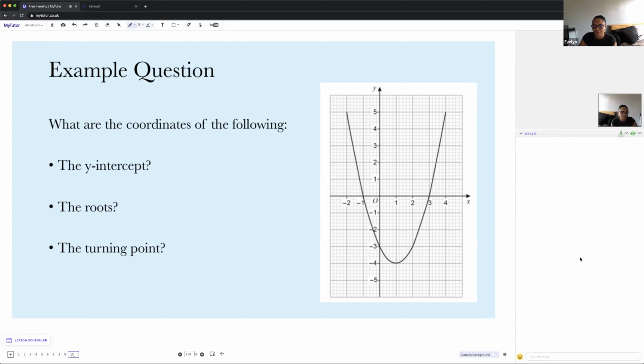Cool, so we've got a few y-intercepts. What do you think the roots are? Brilliant.